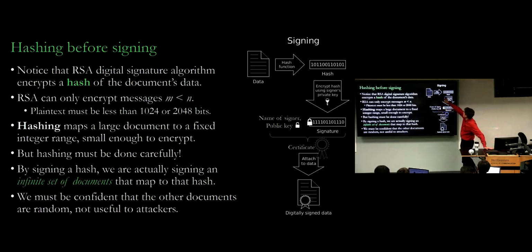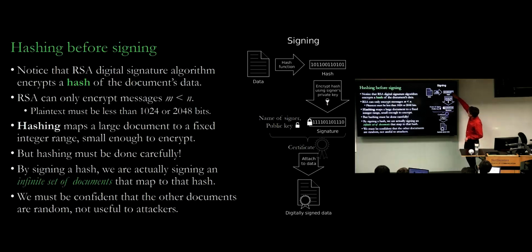The reason we hash, remember, is that the RSA encryption algorithm we use here has to operate on a plaintext that's either 1024 or 2048 bits. So let's say it's 2048 bits. It can only be that size. It can't be larger. It can't be smaller.